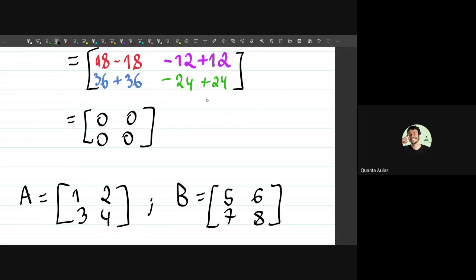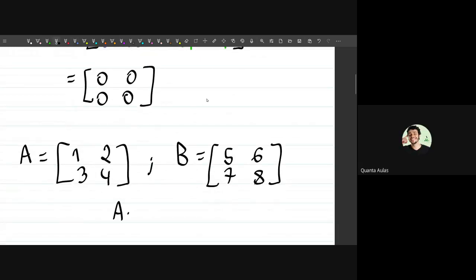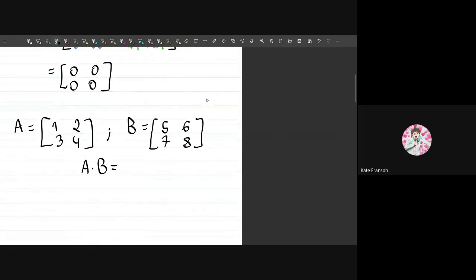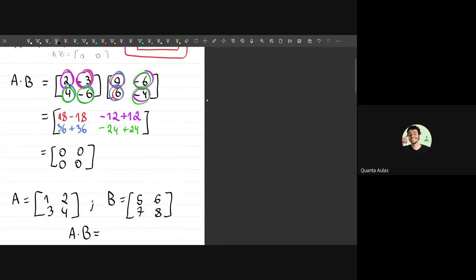You need to do A times B for us. I will show you my example, so you can do the same thing in your calculation, right? When you finish your calculation, you can send me a photo, right?